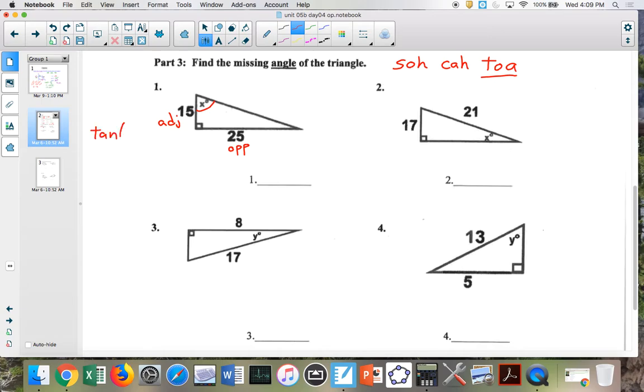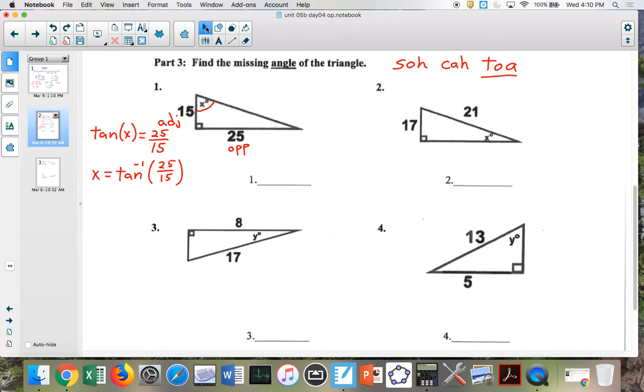The tangent of x equals opposite, which is 25, over adjacent, which is 15. Now this is just like what we did in the previous section. We want to find the angle. So to find what x is, I'm going to press second tangent to do the inverse function for tangent of 25 over 15.